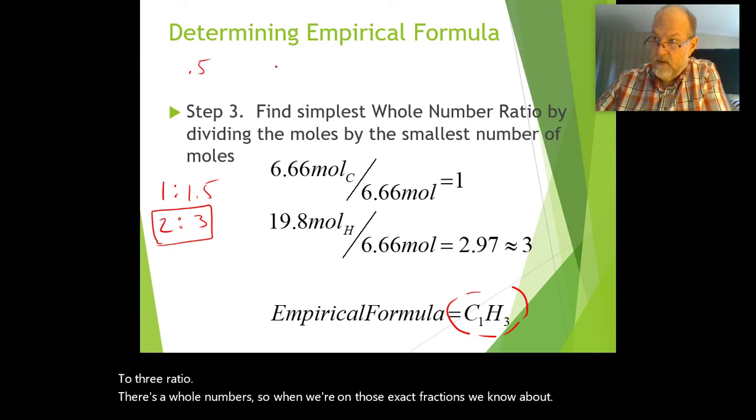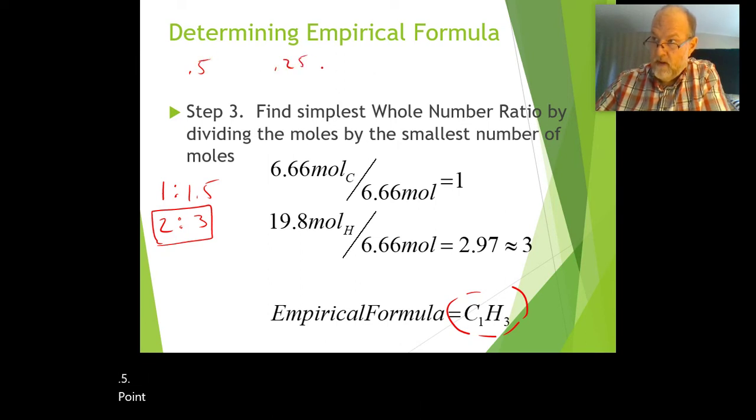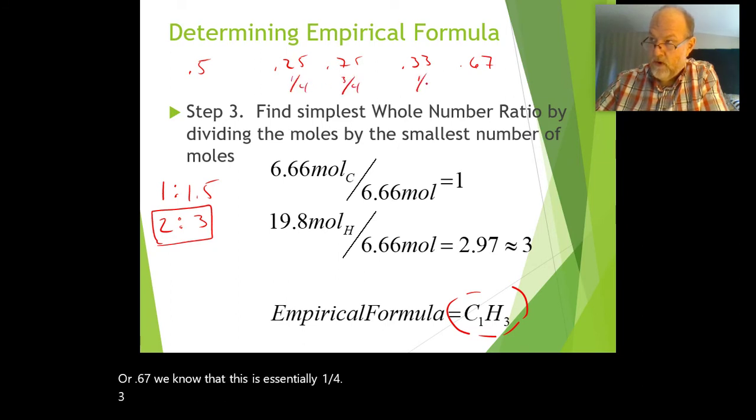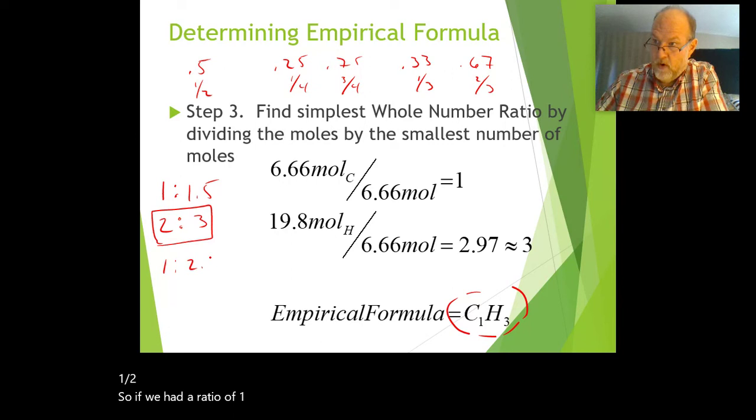So when we're on those exact fractions we know about, 0.5, 0.25, 0.75, even 0.33 or 0.67, we know that this is essentially 1/2, 1/4, 3/4, 1/3, 2/3. So if we had a ratio of 1 to 2.33, I would multiply both of these numbers by 3.